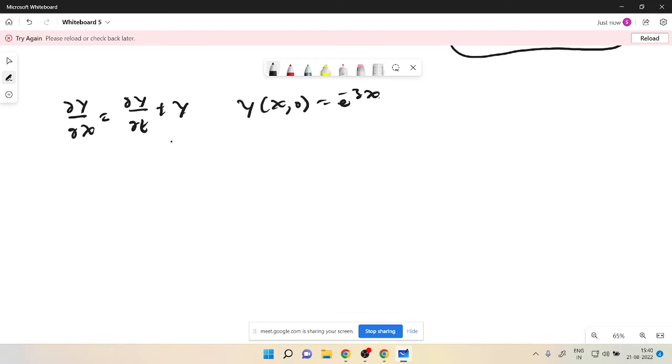Okay, applying Laplace, defining the Laplace transform of y of x comma t to be capital Y of x comma s.